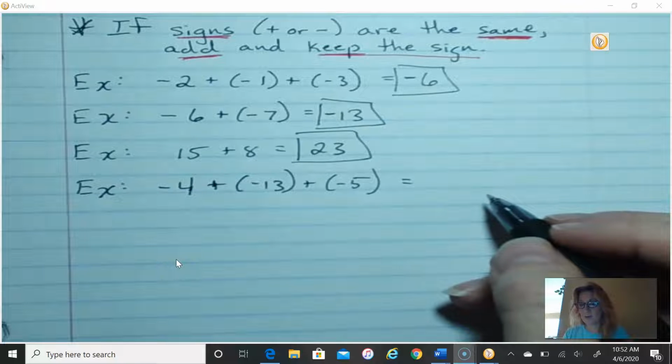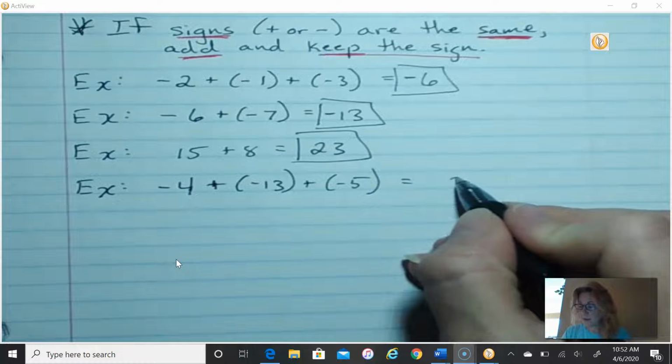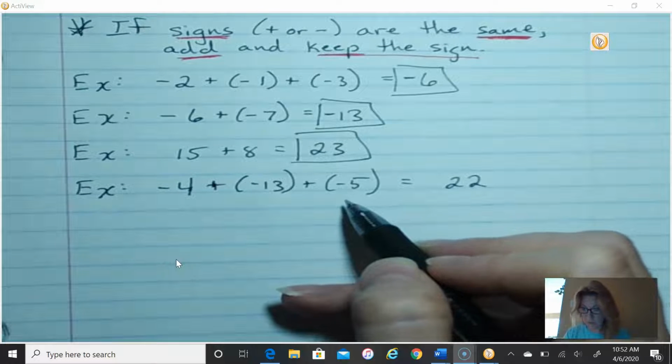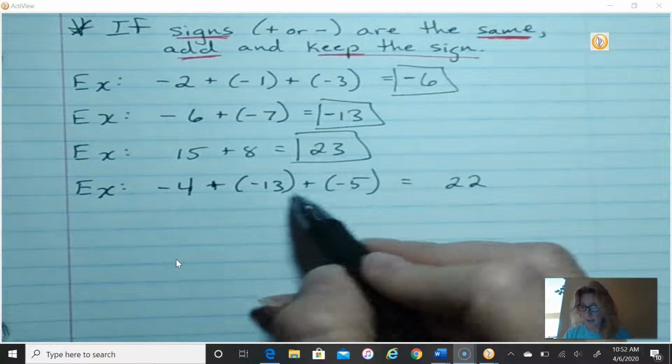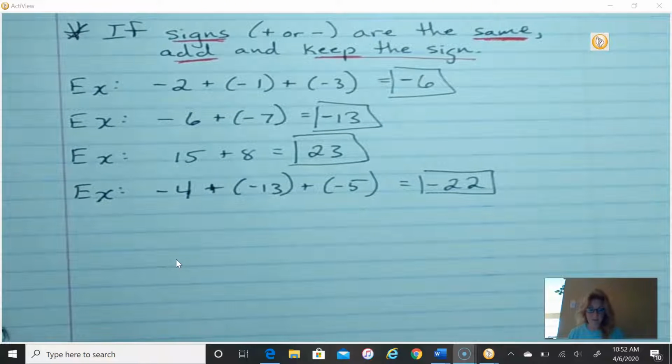Now let y'all think about what you think your answer is, and then I'll write it down. 4 plus 13 plus 5 is 22. And we keep the sign, so it's -22. Okay, so when the signs are the same, you add and keep the sign.